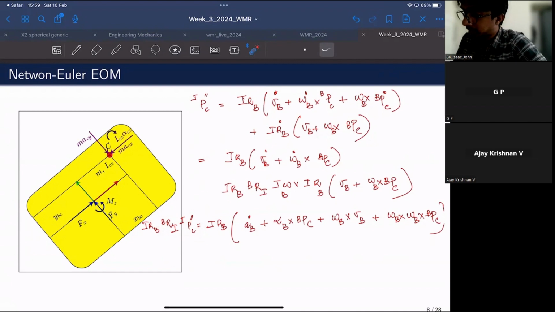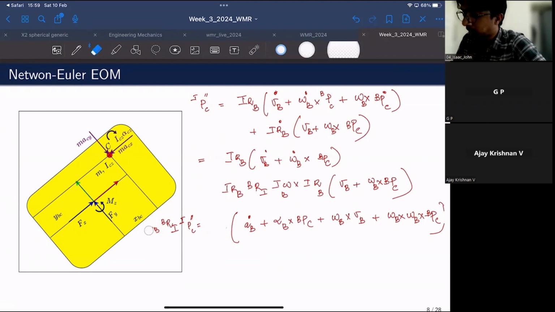If you consider this as R, when it goes to this side, it will be R inverse or R transpose. And this is also R. So this R and this R transpose will cancel out.